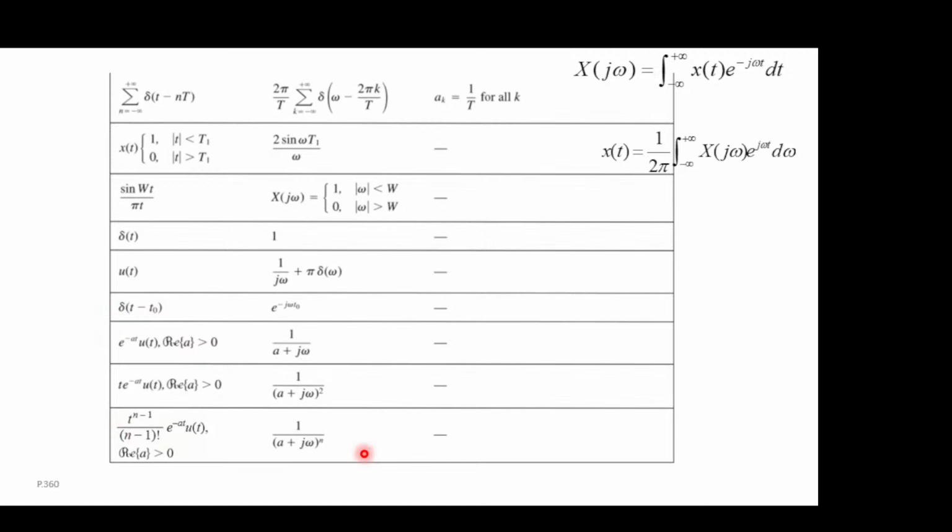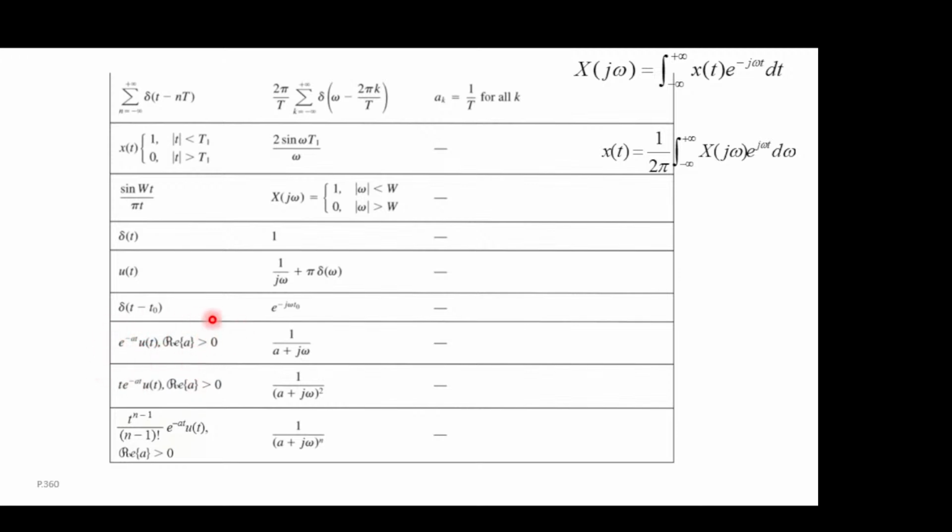The next few things are going to be useful for the next section, for the partial fraction expansion. First, we also have time shifting in the time domain, which gives e to the minus j omega t naught. And then we have the complex one-sided exponential decay, e to the minus a t times u of t.